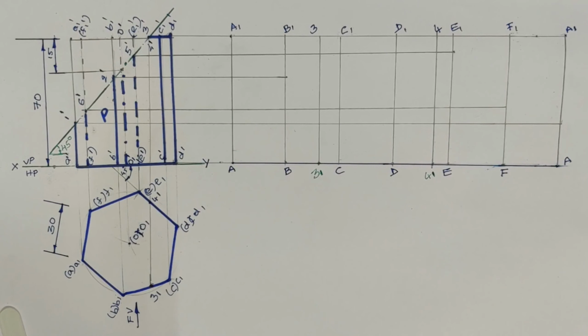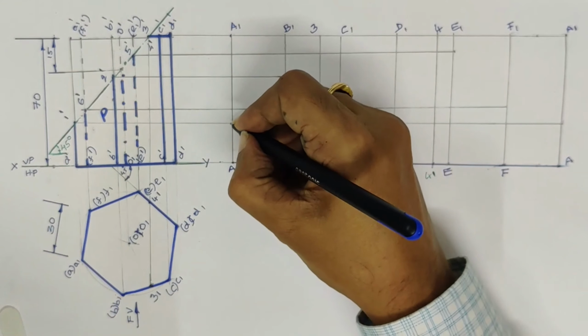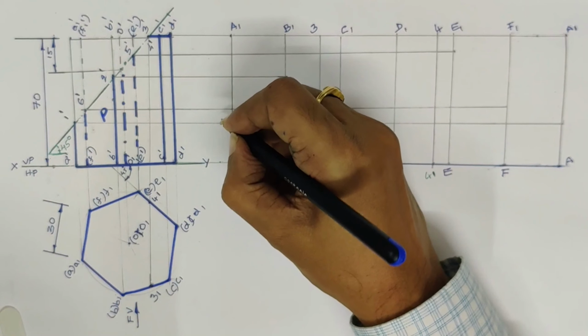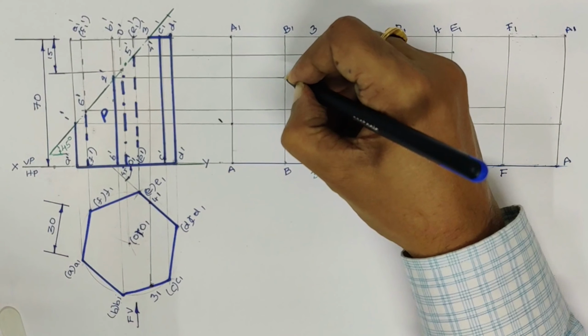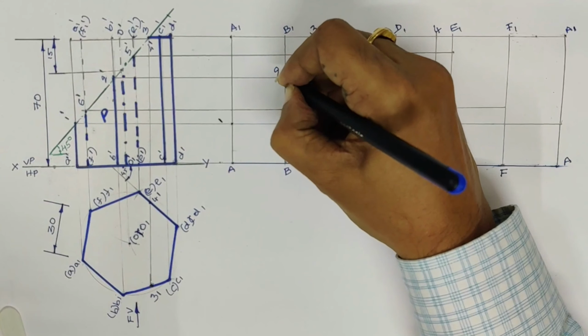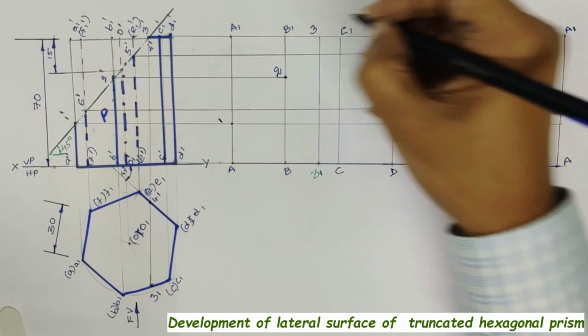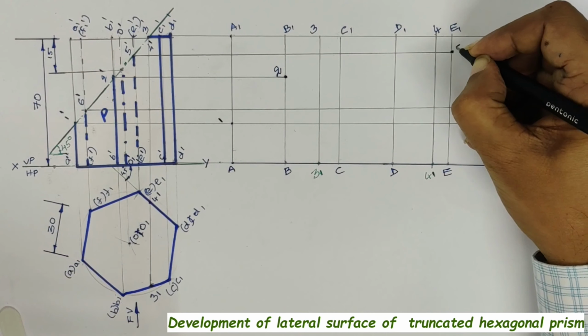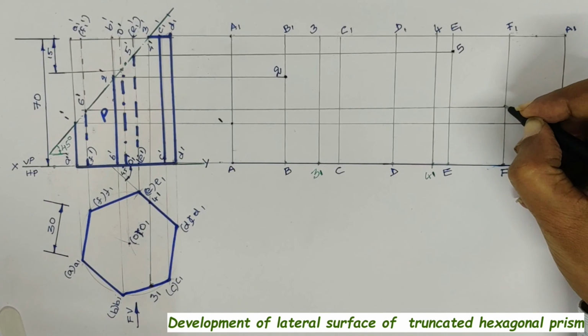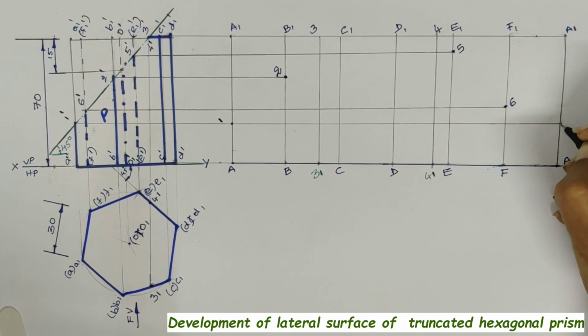After that, locate the intersection points in the development. This is 1, and it is 2, 3, 4 and this is 5, it is 6 and it is 1.